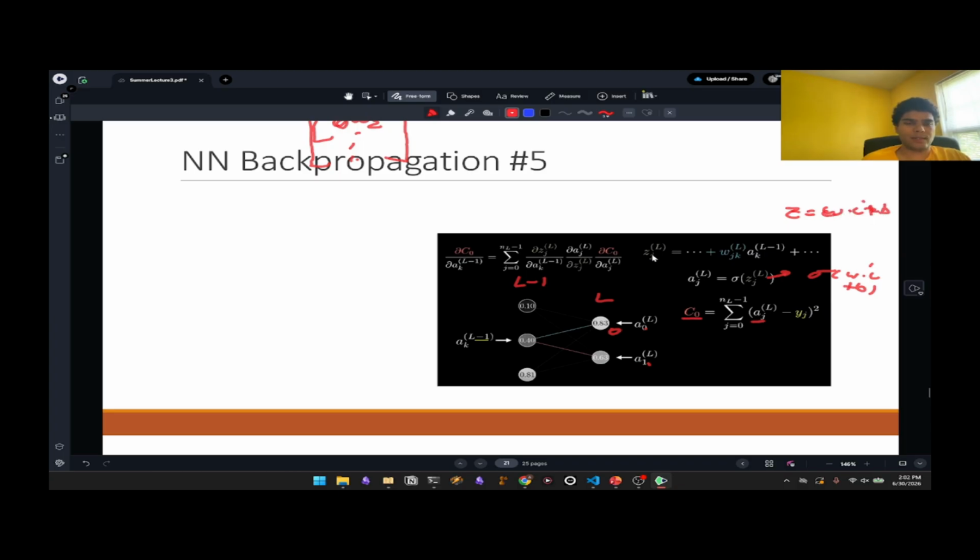The z variable with respect to a given neuron is all of the weights connecting that neuron to the neurons in the previous layer, which is what this k means, times the activation values of the previous layer. So you would say the z value is the weights connecting from j to k.